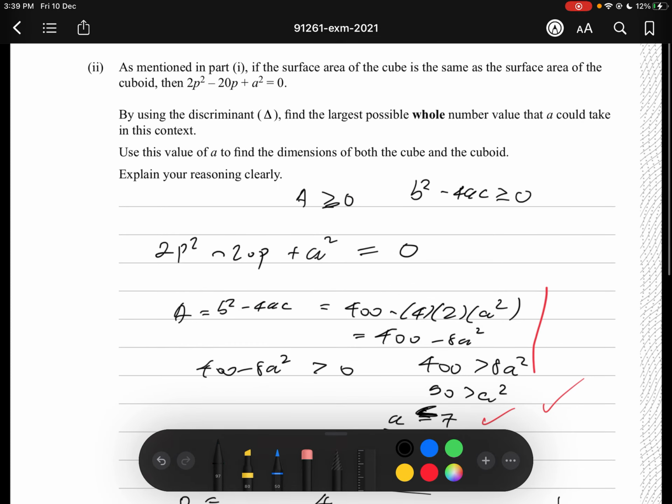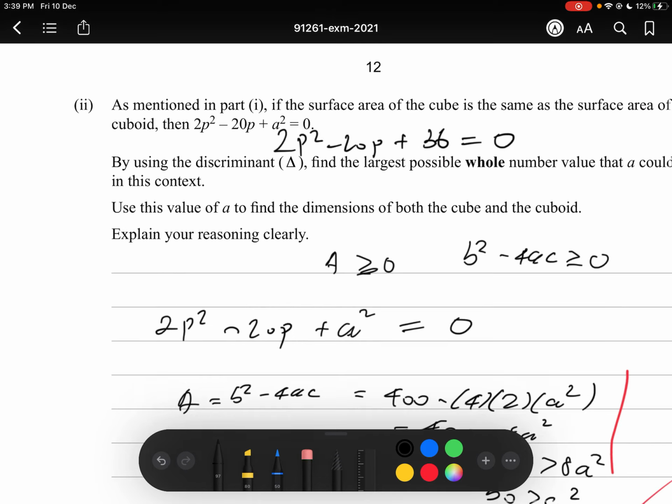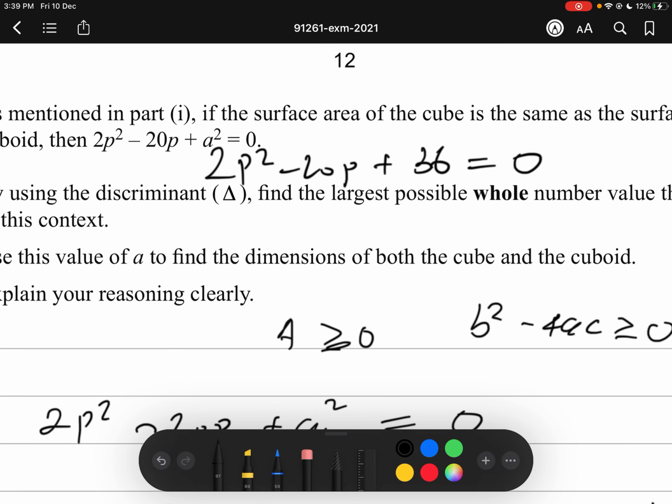So we say that 2p squared minus 20p plus 2 times a squared, which is 36, equals 0. And I believe we need to use the quadratic formula for this one. So p equals 20 plus or minus the square root of 400 minus 4 times a times c, all over 4.